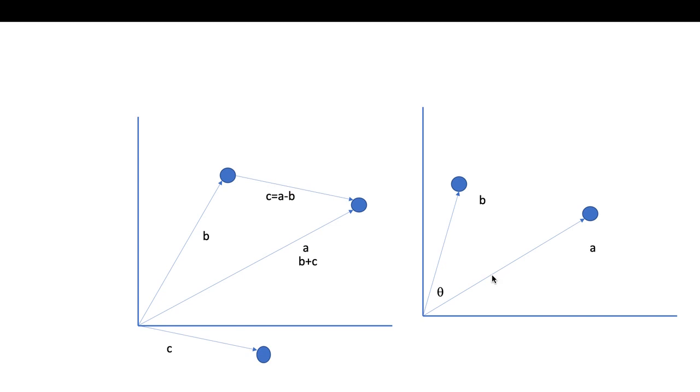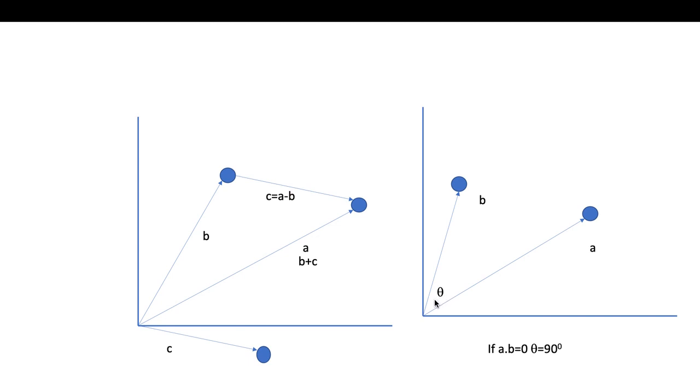So the cosine similarity, or cos theta, the cos of the angle, is proportional to the dot product of a and b, and we know that if theta is 90 degrees, cos 90 degrees is 0. So the dot product of a and b in that case will be 0.